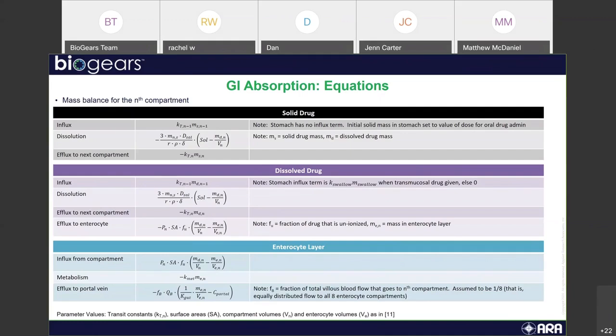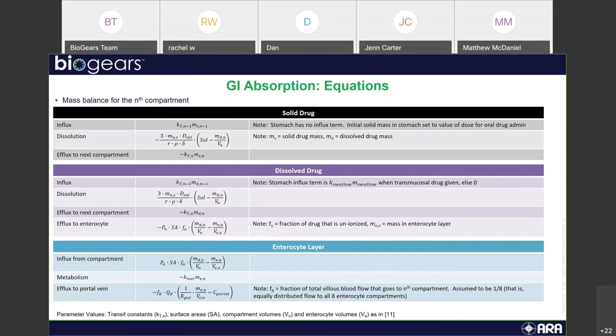And then mass exits the stomach compartment, or I should say solid drug exits whichever compartment you're in, by either dissolving, moving to the dissolved portion, or by being transmitted to the next compartment downstream according to these rate constants.